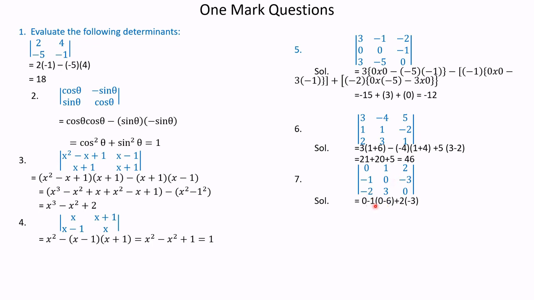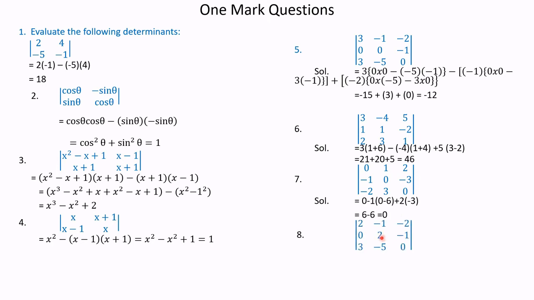So minus 1 into 0 minus 6 plus 2. 2 into, delete that row and delete that column. Minus into 3 is minus 3. Because 0 is there, the remaining terms are neglected. So therefore, it is minus 1 into 0 minus 6, minus into minus plus 6, minus 6 plus 6, that is 0.